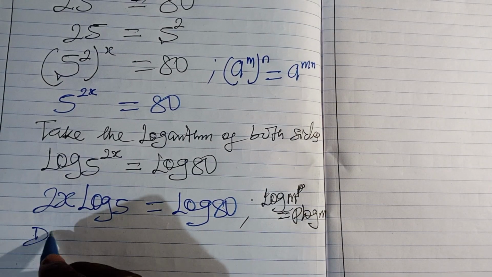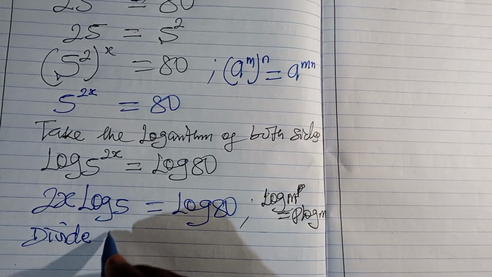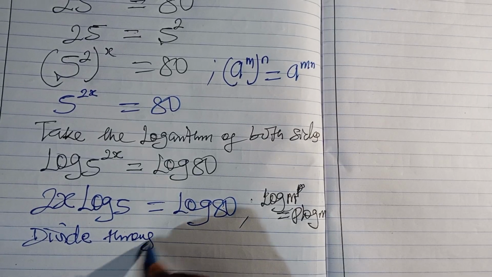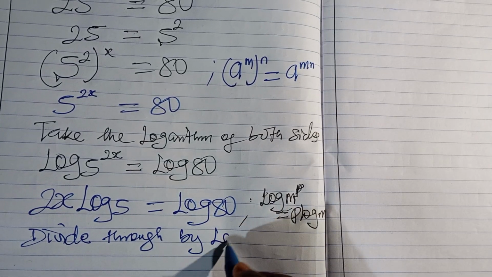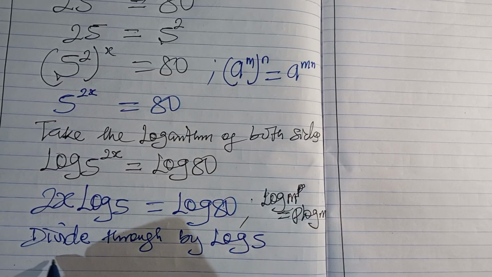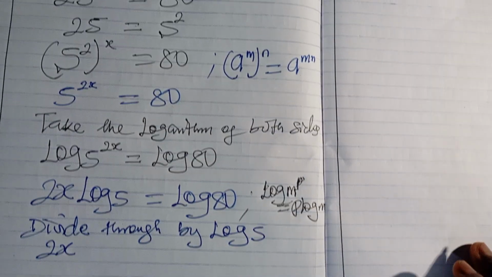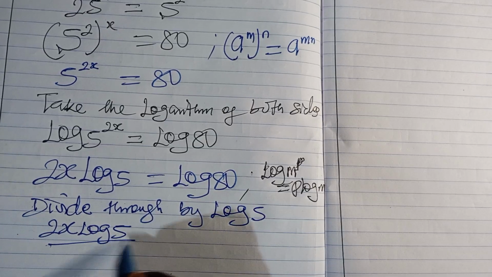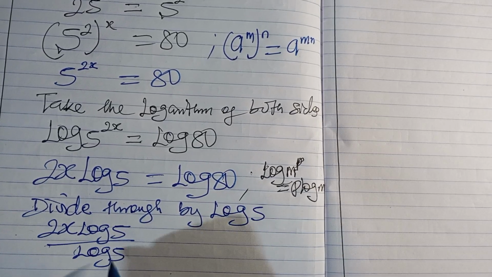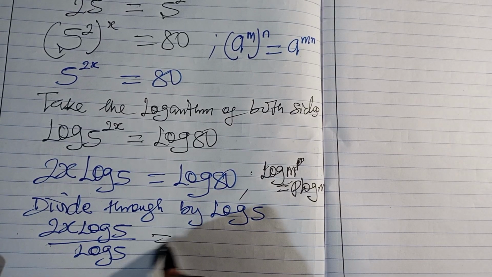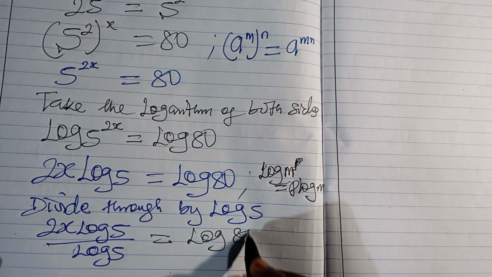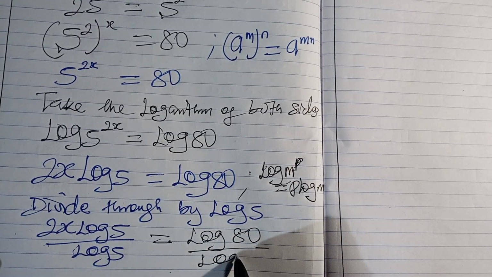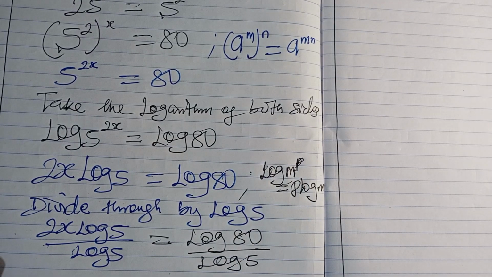Now divide through by log 5. So I can have 2x log 5 divided by log 5 is equal to log 80 divided by log 5.